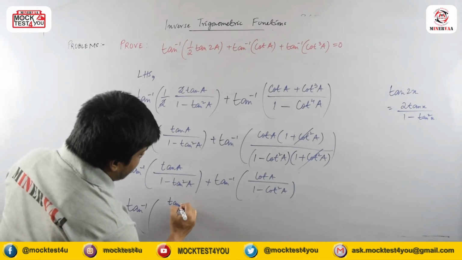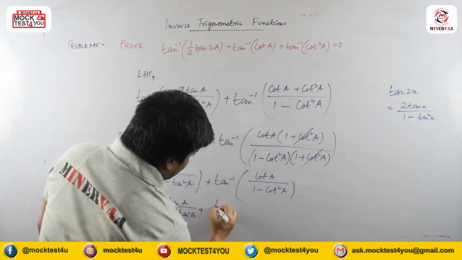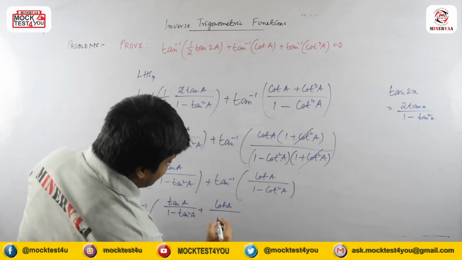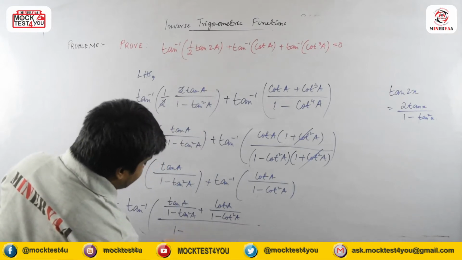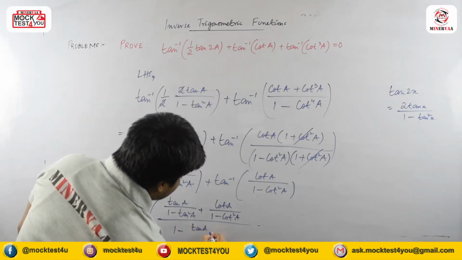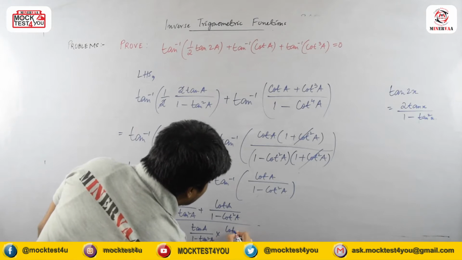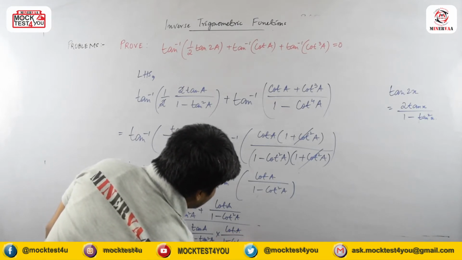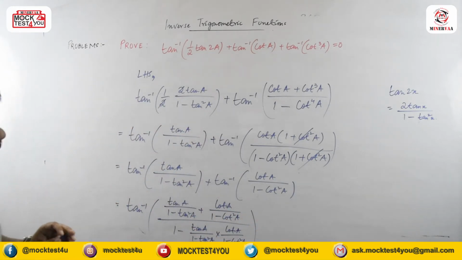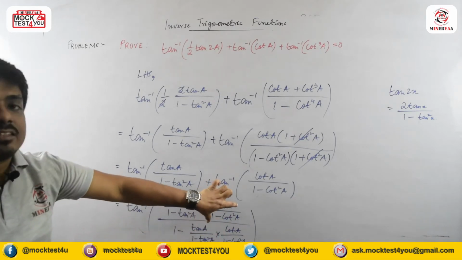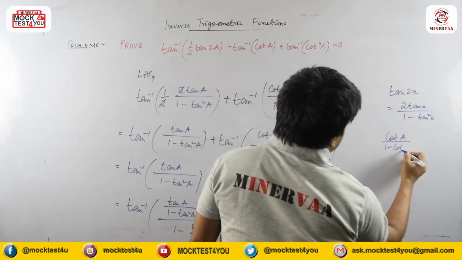So we have tan A divided by 1 minus tan square A plus cot A divided by 1 minus cot square A, divided by 1 minus tan A divided by 1 minus tan square A, multiplied by cot A divided by 1 minus cot square A. Now, after writing this, let us take this one in the rough: cot A divided by 1 minus cot square A.